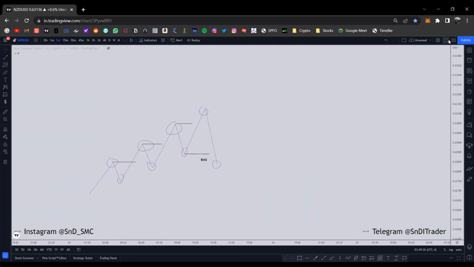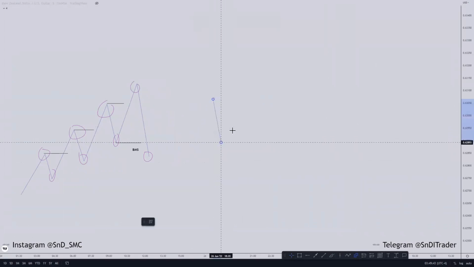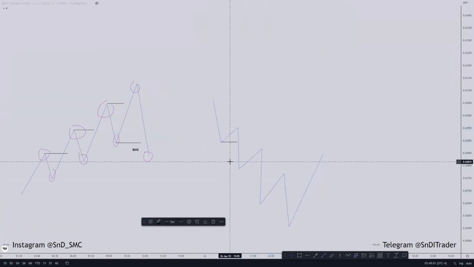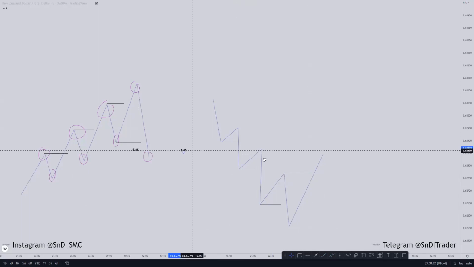For a bullish trend, price will be making something like lower high, lower low, lower high, lower low, and then breaks out this high. These are just a formation of structure, and here we have a break in market structure towards the upside.